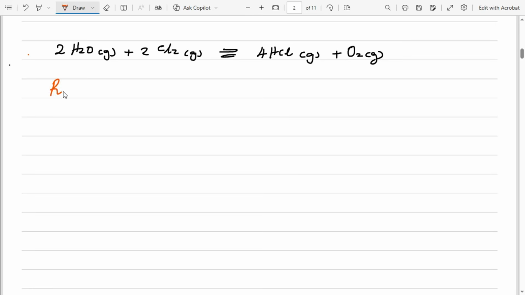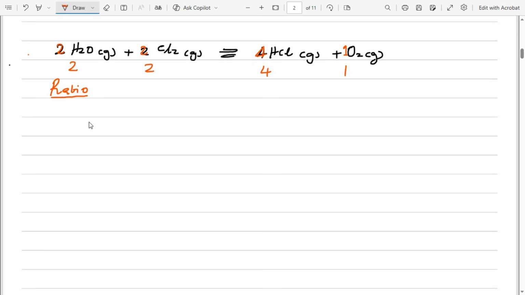Okay, so the ratio for this equation: for H2O, the ratio is 2, and for Cl2, that's 2, and for HCl, that's 4, and the last one, that's 1, because we take the number that is in front of those molecules. So you just have to take those numbers.